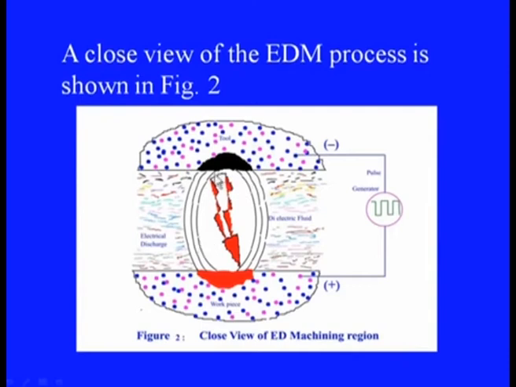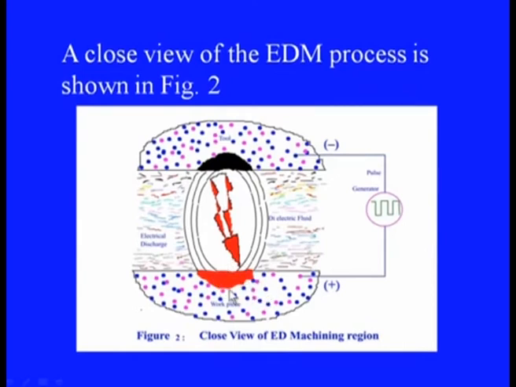Now, this plasma creates intense heating in this zone, which not only evaporates this dielectric, but it also melts and evaporates this workpiece material, and that causes the material to get removed from this surface, as you can see from this screen.